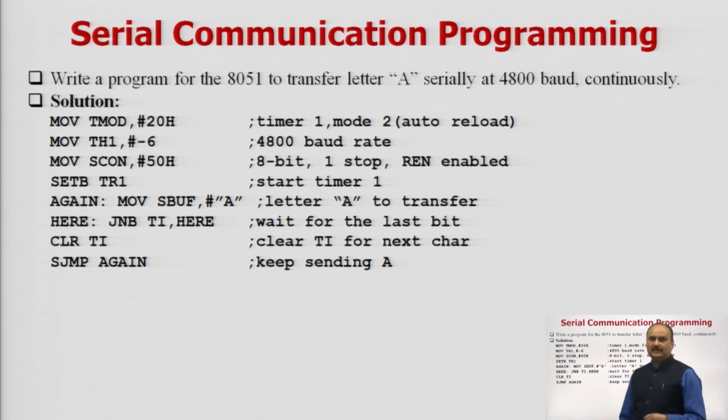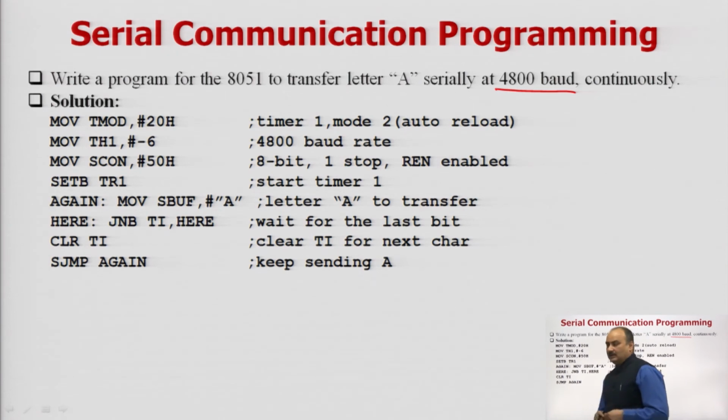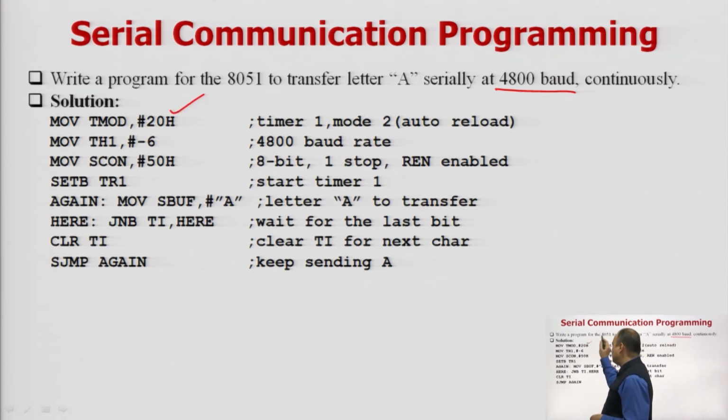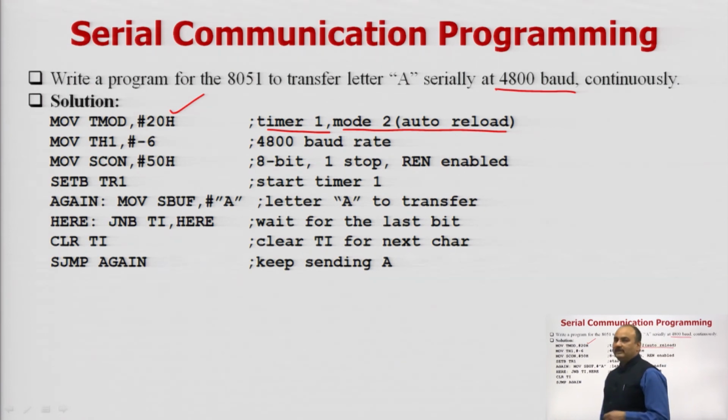Here, write a program for the 8051 to transfer the letter A serially at a baud rate of 4800. As discussed previously, we need to configure the TMOD register with the value 20H, which selects Timer 1 in mode 2, the auto-reload mode.